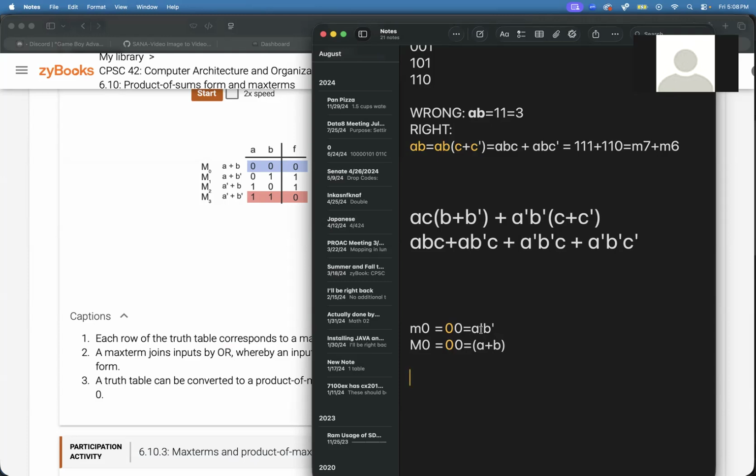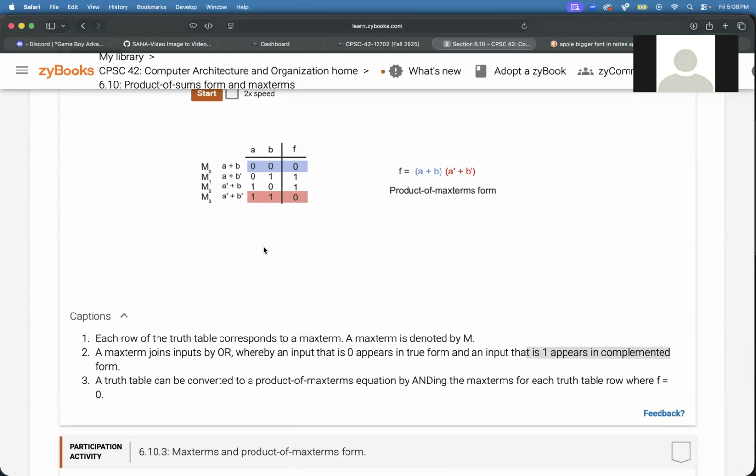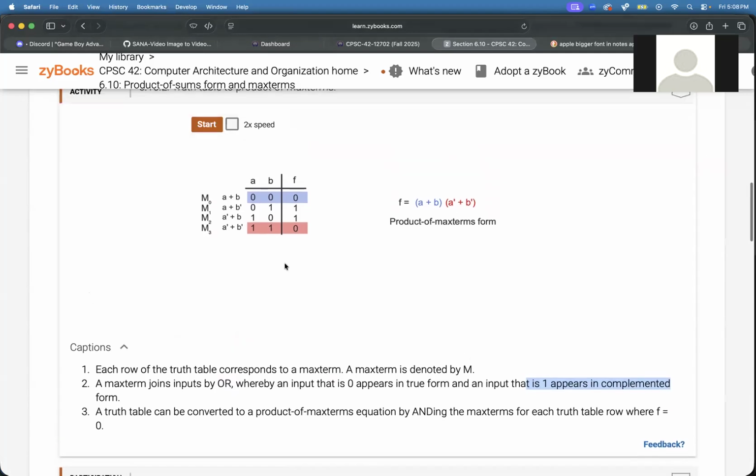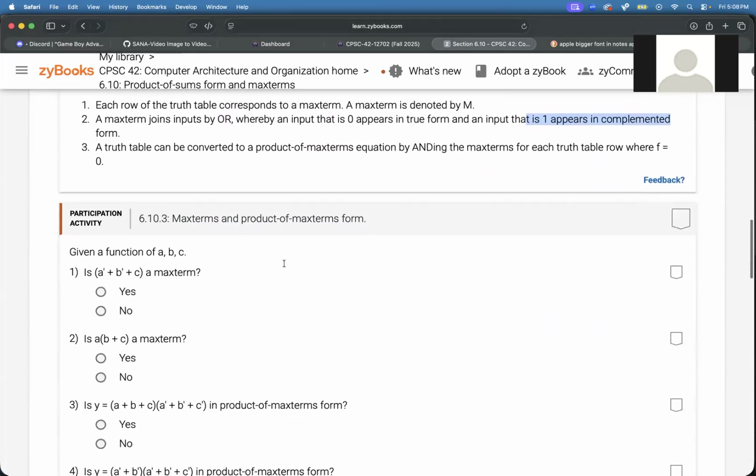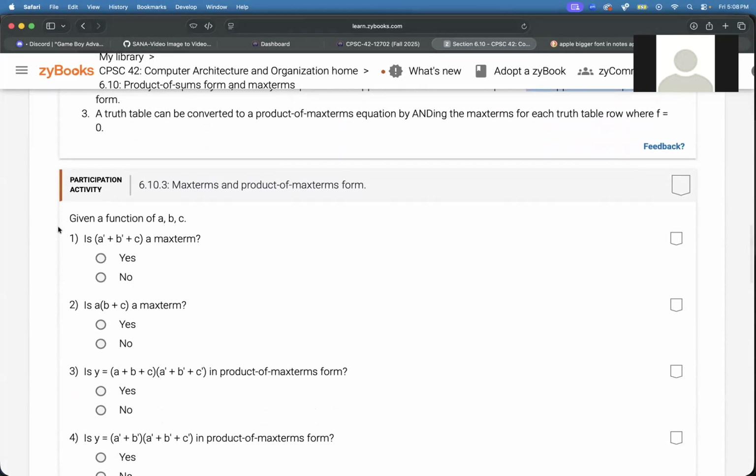It's sum instead of product, and zeros now correspond to the term without the complement, whereas zeros previously corresponded to the term with the complement. So interesting, hard to keep separate, but we'll try to figure it out.